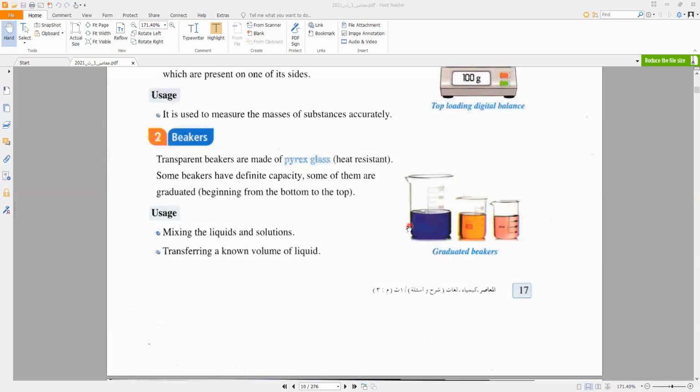But the volume of liquid in beakers is not accurate, only approximate, maybe more than 500, maybe less than 500. But the tool used to measure the volume of a substance accurately is the graduated cylinder.